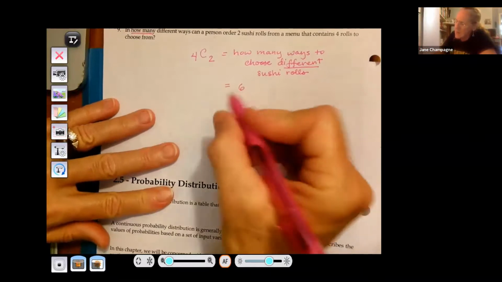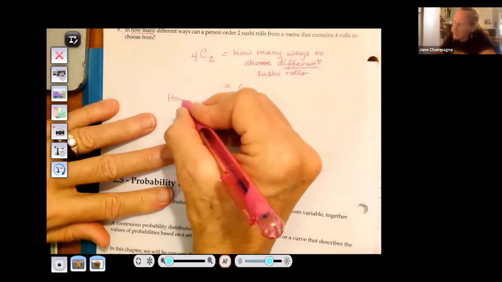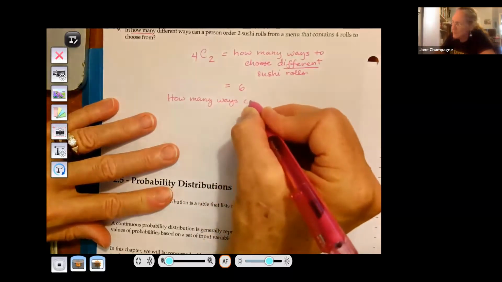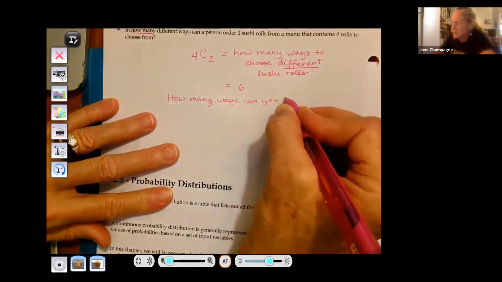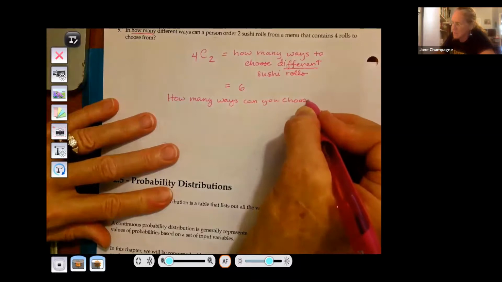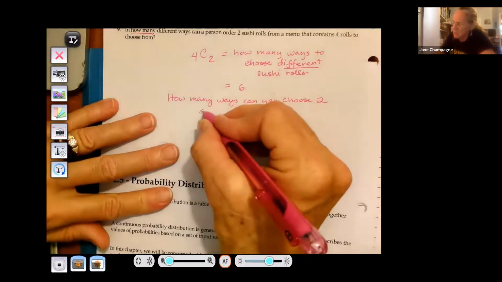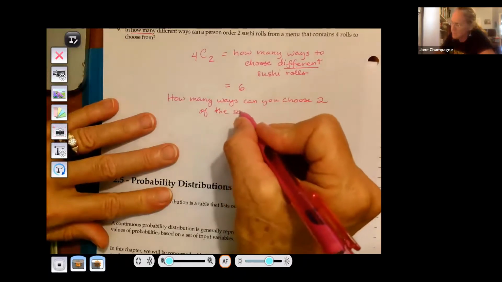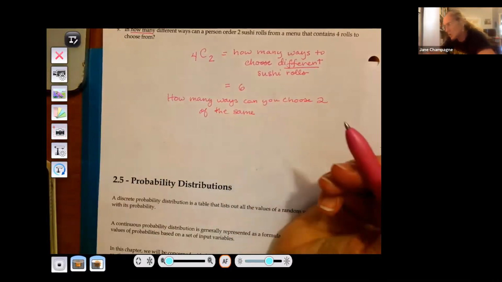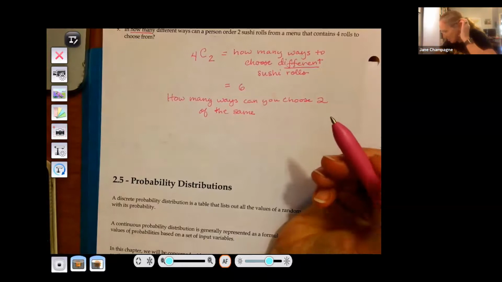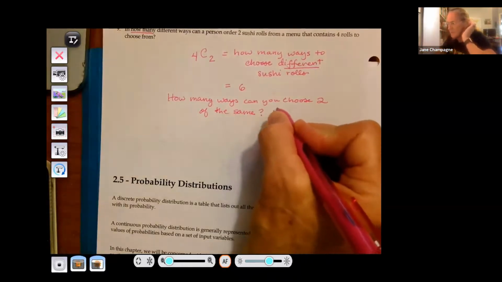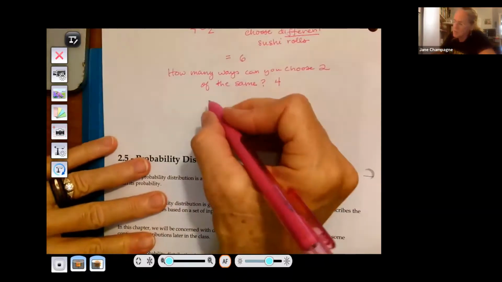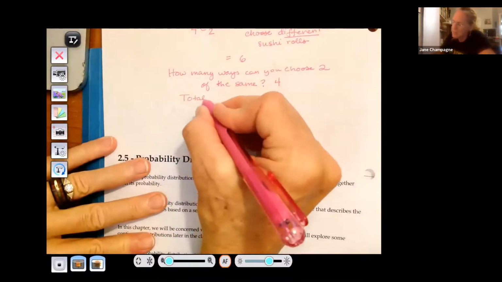But then how many ways can you choose 2 of the same? Well, there's 4 rolls to choose from, so you could choose 2 of each kind of roll. So that would be 4. So the total then is 6 plus 4 or 10.